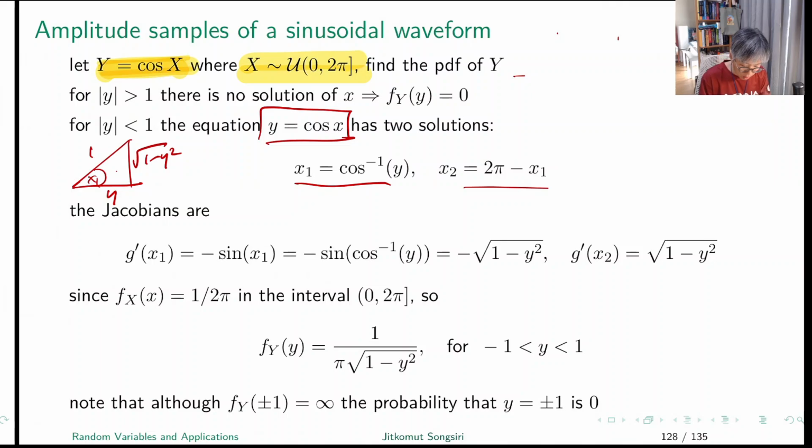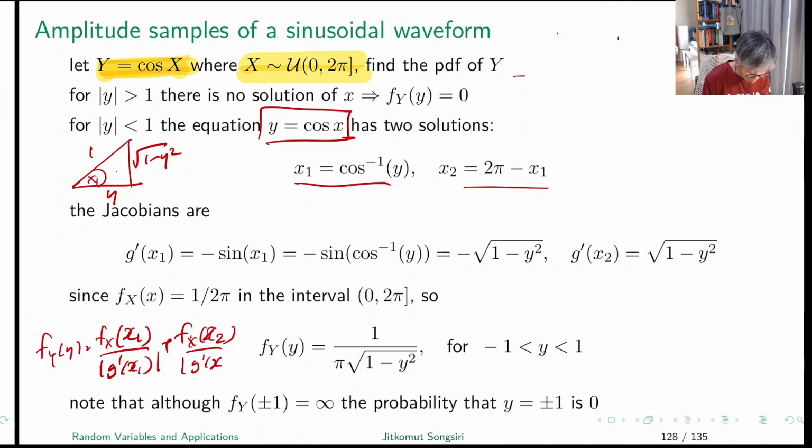So we can use this formula: the density of y is f x of x1 over g prime of x1, plus f x of x2 over g prime of x2.